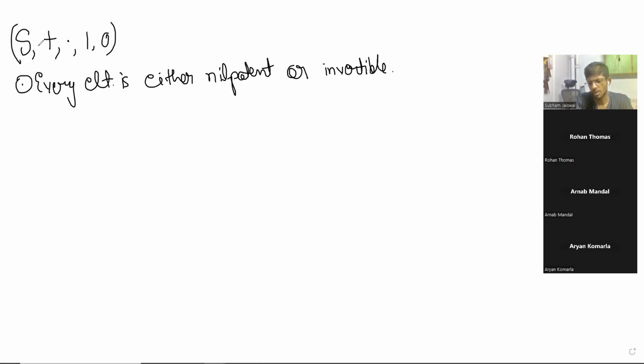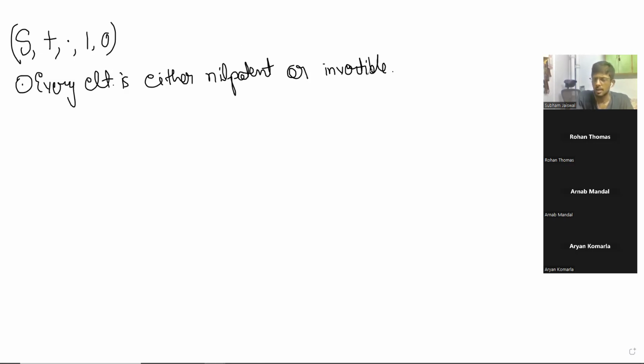Giving an example of such a collection, I can do that, but let me not do it at the moment. We can do it, but we will do it a little later.